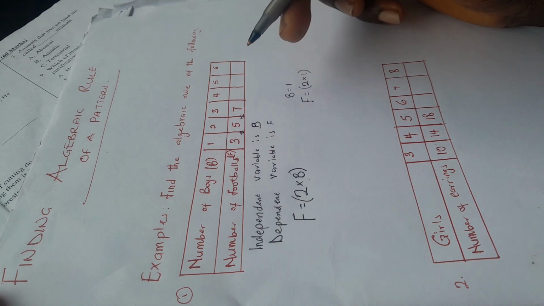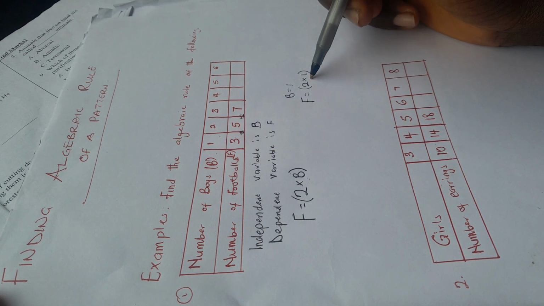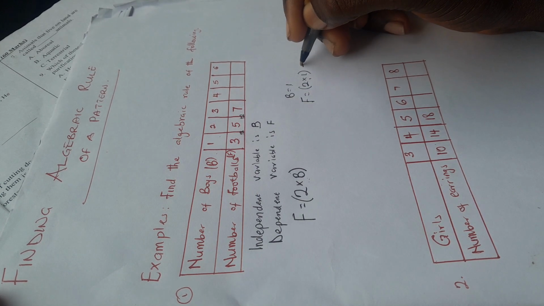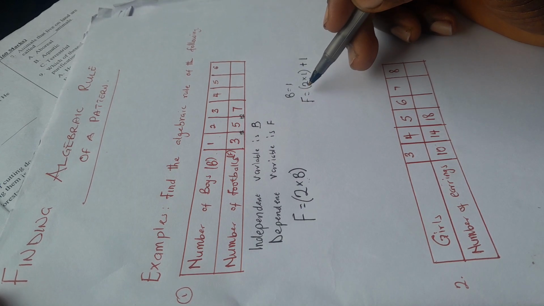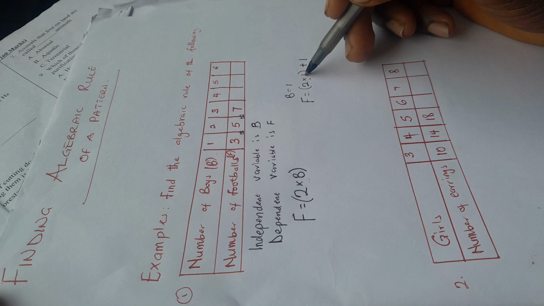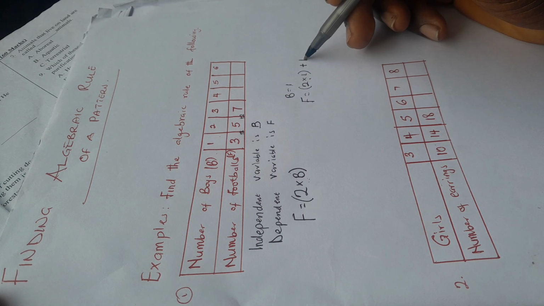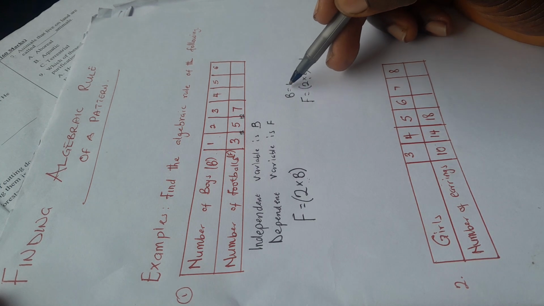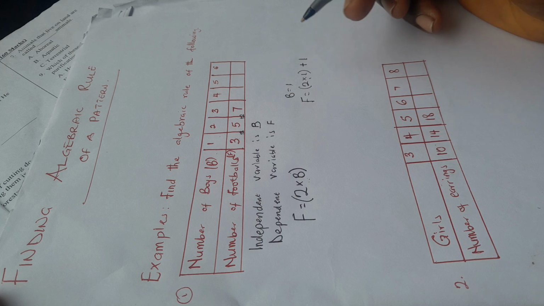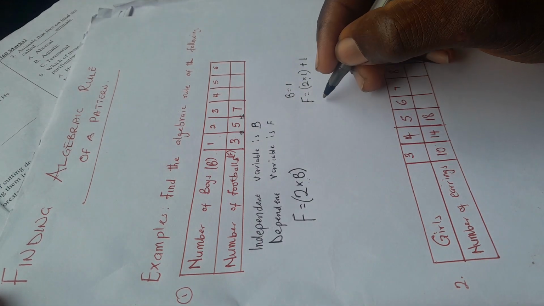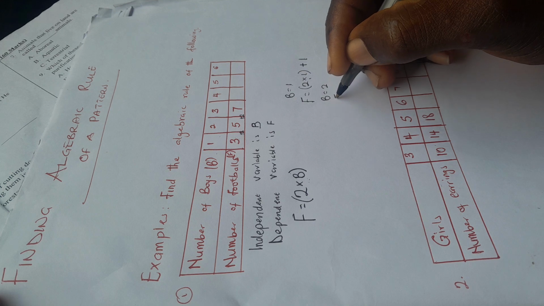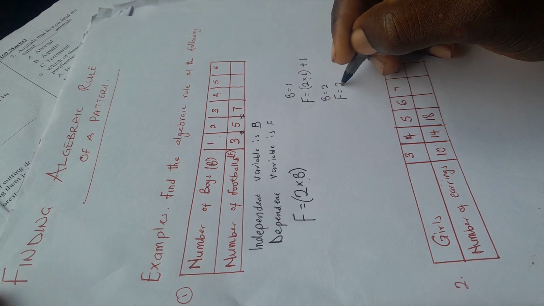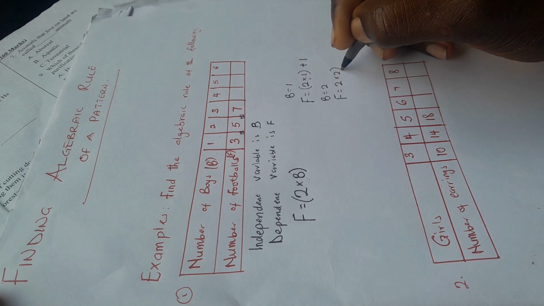So the difference between 3 and 2 here is 1. So you add 1, so that when B is equal to 1, F is 2 times 1 plus 1. So for the first value of B, we added 1. Let's take the second value of B. When B equals 2, then F equals 2 times 2.